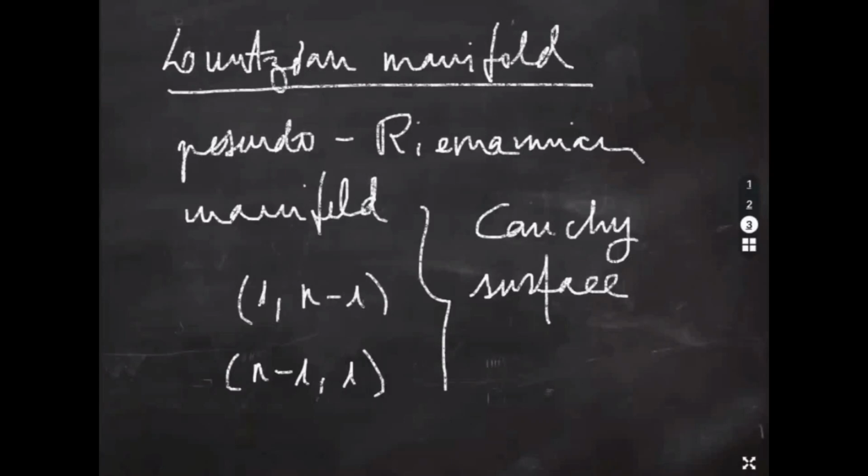So you can regard it as an instant of time, and they are very important, as we have seen before. For instance, in this ADM formulation of general relativity, they are important because they allow you to formulate Einstein equations as an evolutionary problem.